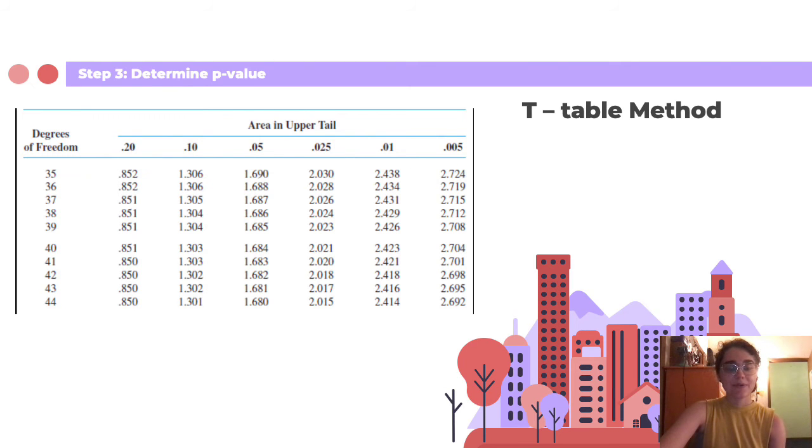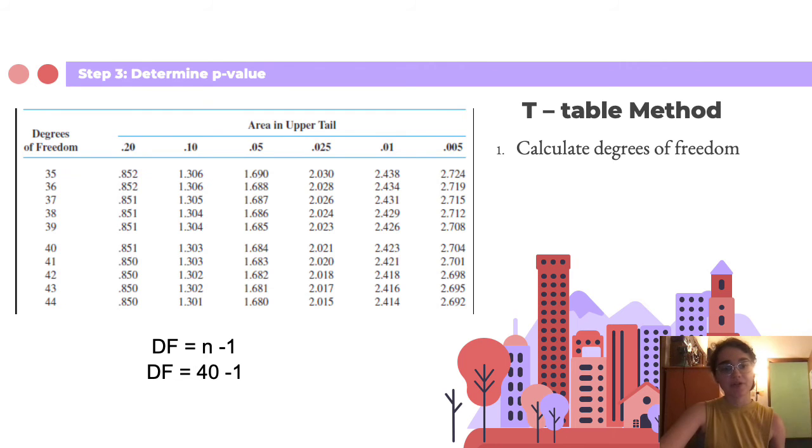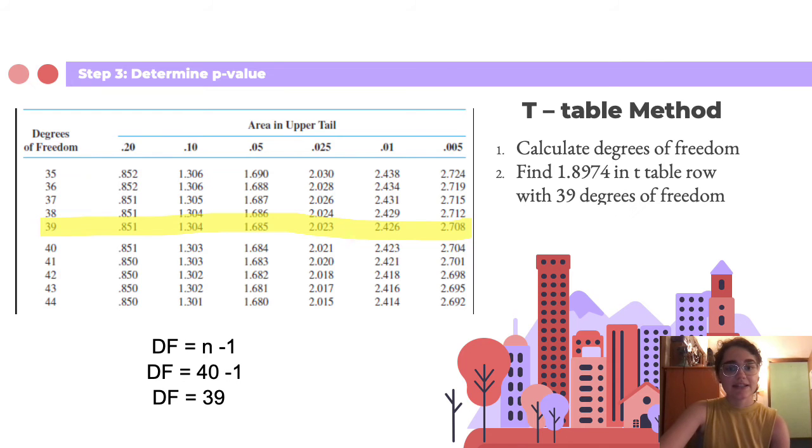For the t-table method, we need to calculate the degrees of freedom. Degrees of freedom can be found with n minus 1, and since we know n equals 40, we do 40 minus 1, which means our degrees of freedom is 39. So we will be looking in this section of our table. The next thing we need to do is find our t-value, which is 1.8974, in the t-table row of 39 degrees of freedom.